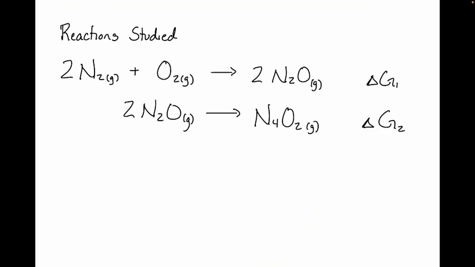I know the delta G of that reaction too. Again, I studied these reactions and did my measurements, so I know what the delta G of each of these two reactions is.